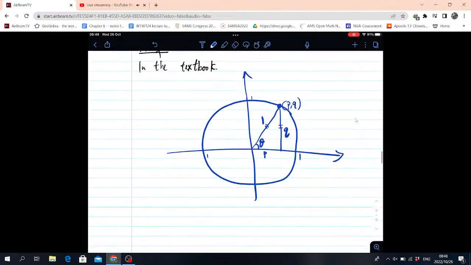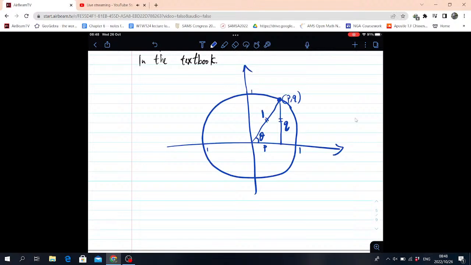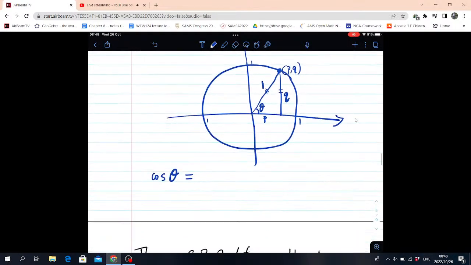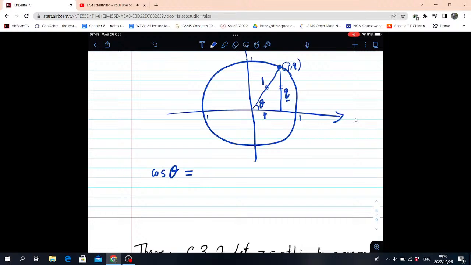If I say cos theta, this is going to be the side over the hypotenuse, which is q over 1.